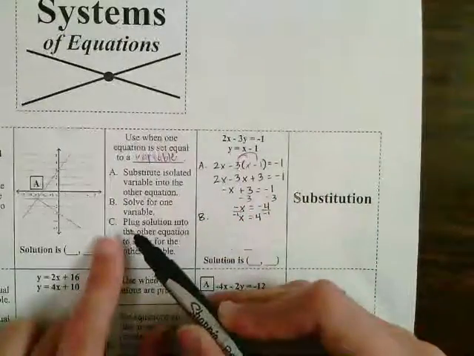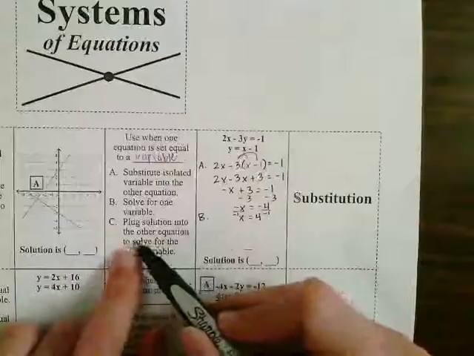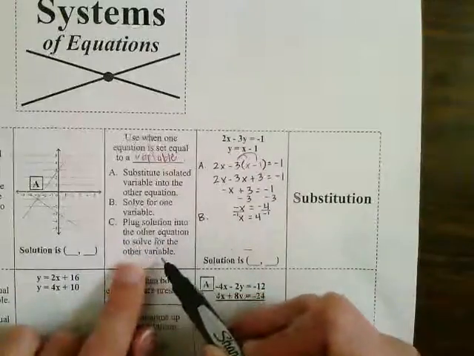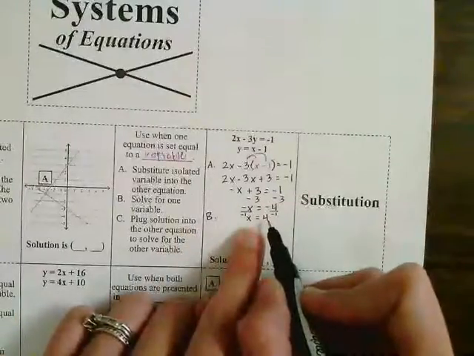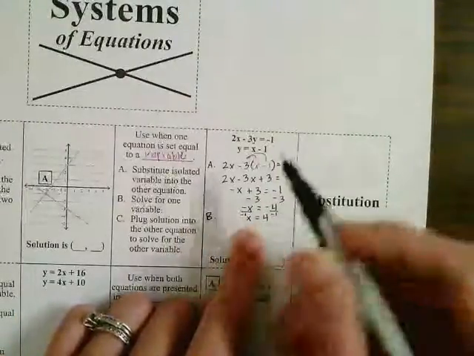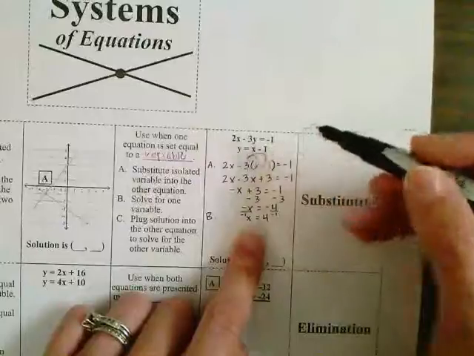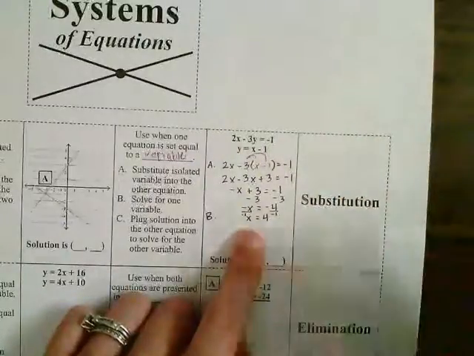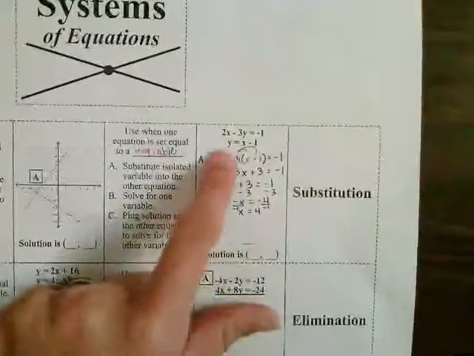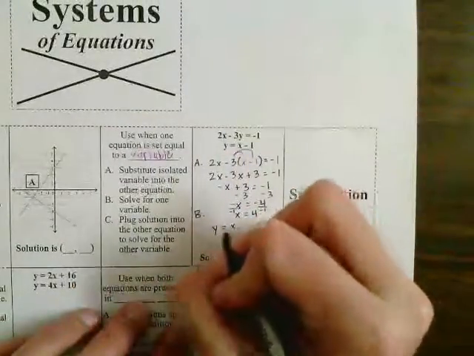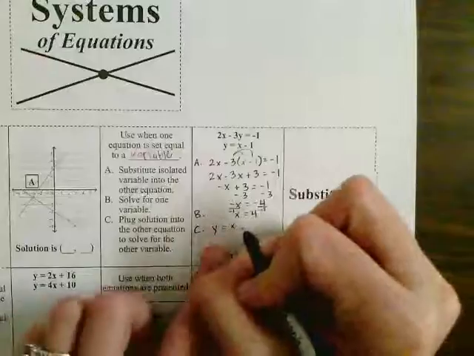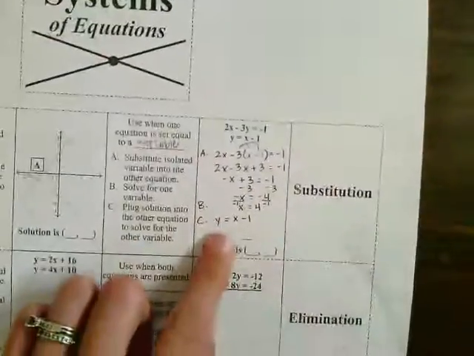And then step C is to plug the solution into the other equation to solve for the other variable. So you're going to plug in x equals 4. It doesn't really matter which equation you plug it back into, but I suggest plugging it back into the easiest one, which is right here. So, step C, y equals x minus 1.